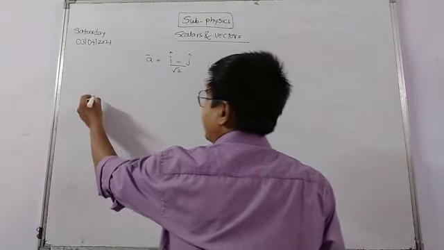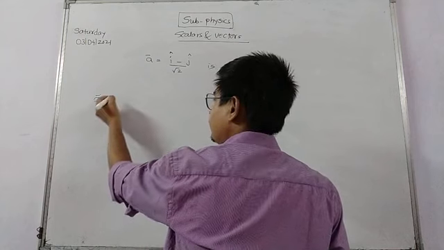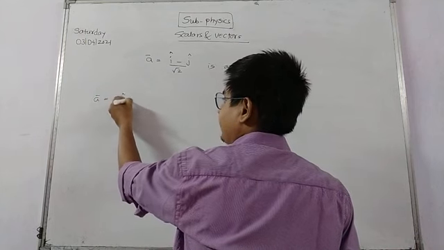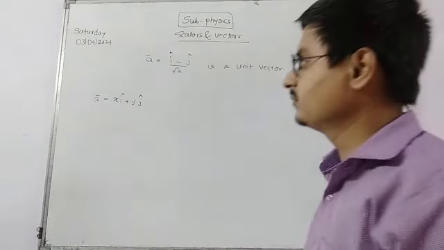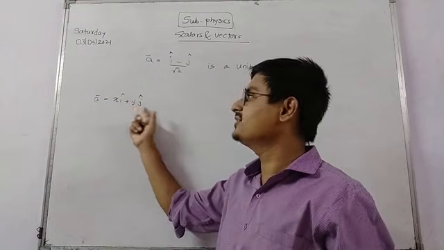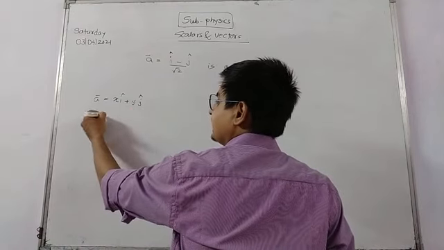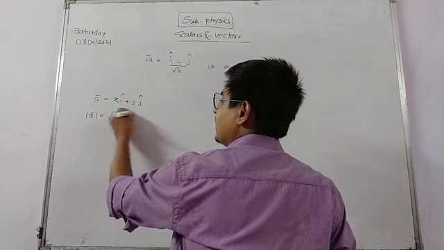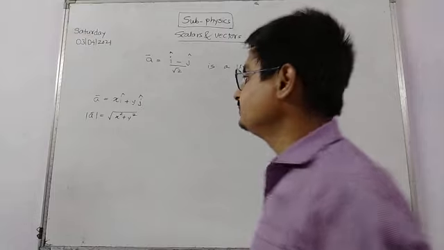Suppose you are given A bar is equal to x i bar plus y j bar. If any vector is represented as x i bar plus y j bar, the magnitude of A bar will be given as under root of x square plus y square.